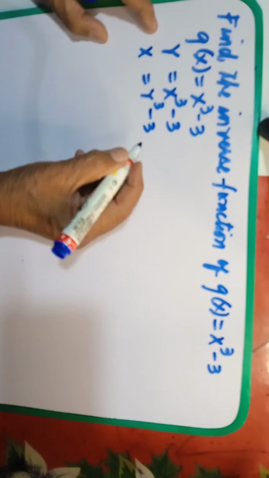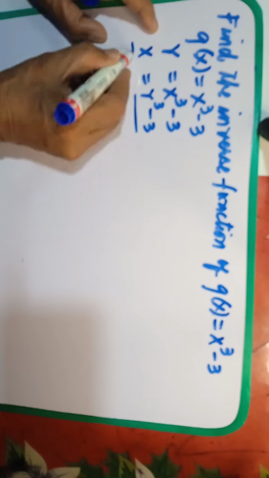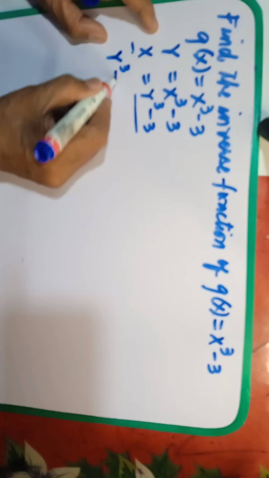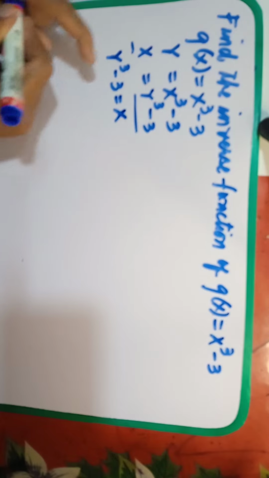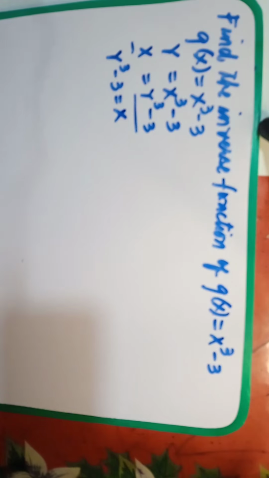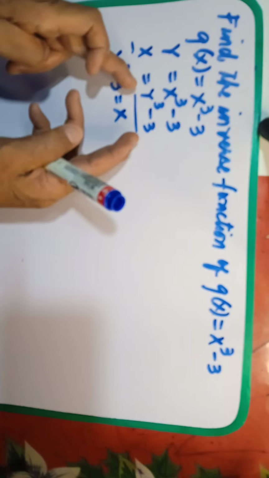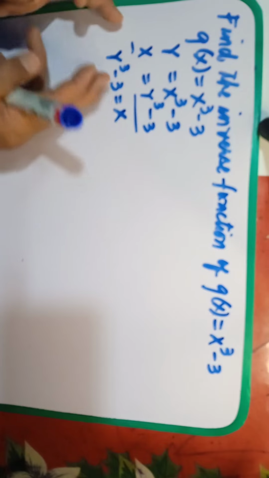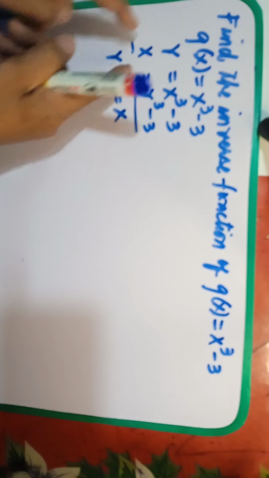So I will use the commutative property, changing the places of y cubed minus 3 to the left and x to the right. When you use the commutative property, you don't change the sign when you transfer, because you transfer all the terms in the right side to the left side, and all the terms in the left side to the right side.